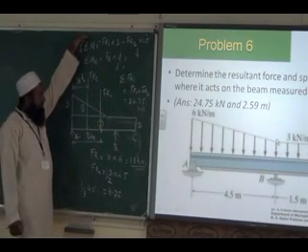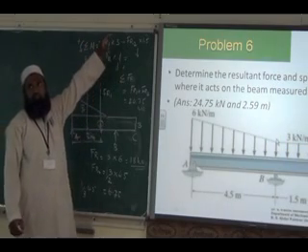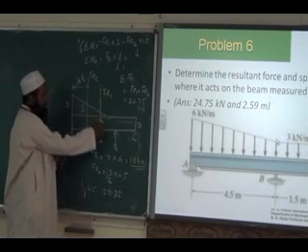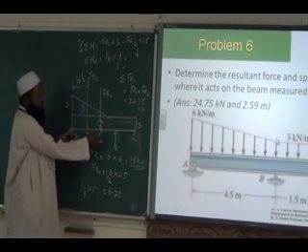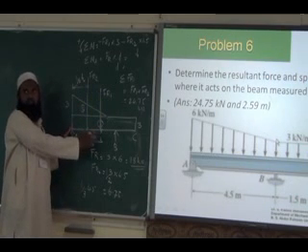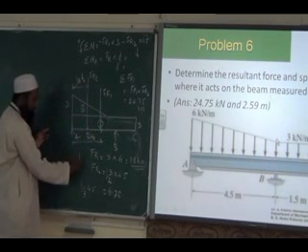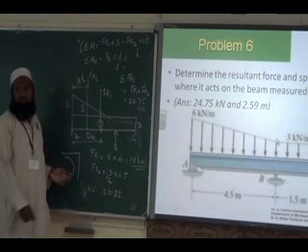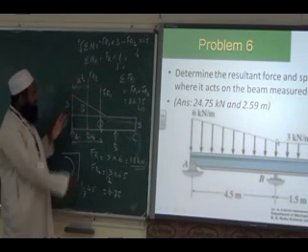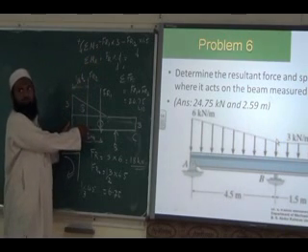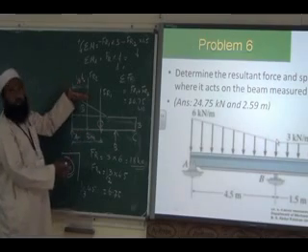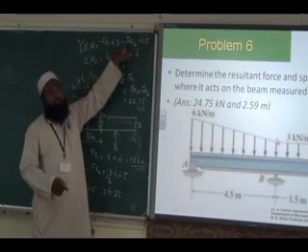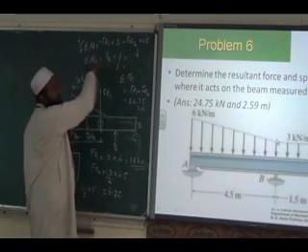First, we find the moment of each force and sum them. Moment of force FR1 from point A: its perpendicular distance is 3 meters, so it will have a rotation in clockwise direction, so it is negative. Similarly, FR2 times 1.5 meters, again clockwise, so negative. The two forces will give you a negative moment.